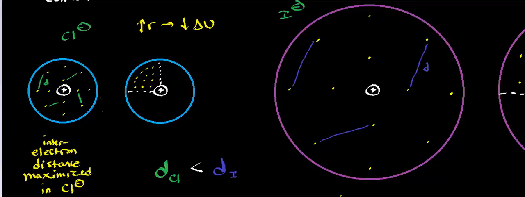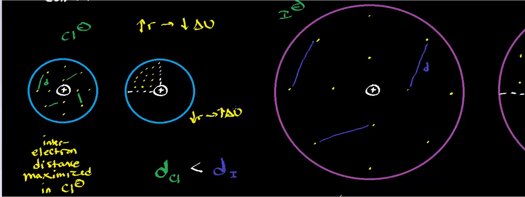So in theory, the left one of chloride should have lower potential energy than the one on the right, because in that one I have all of the electrons I've indicated in one octant. They're closer together, so the radius has dropped between them, and I should have higher potential energy.